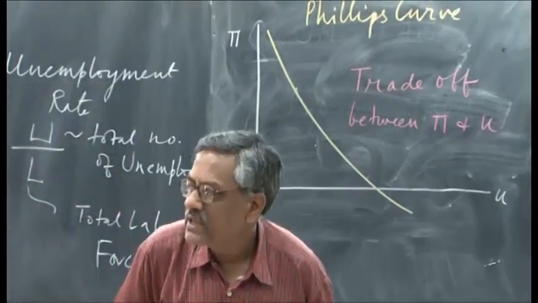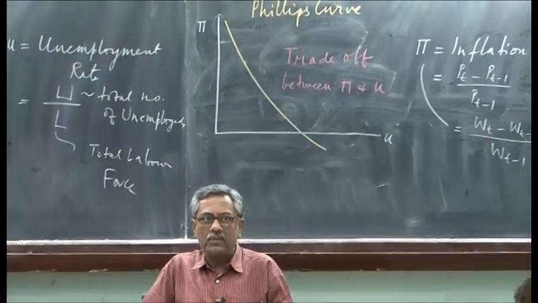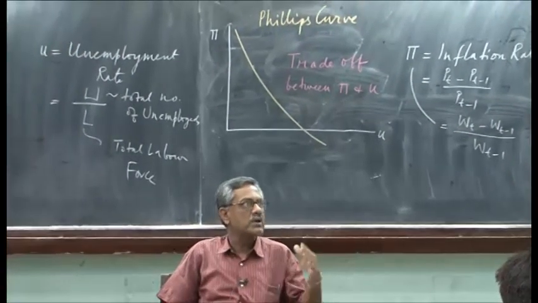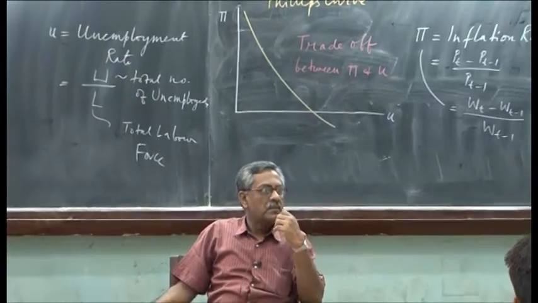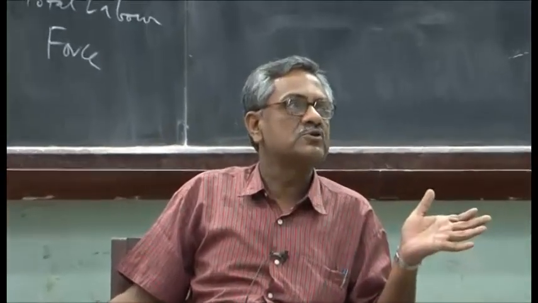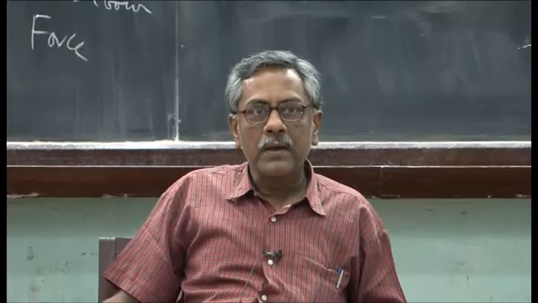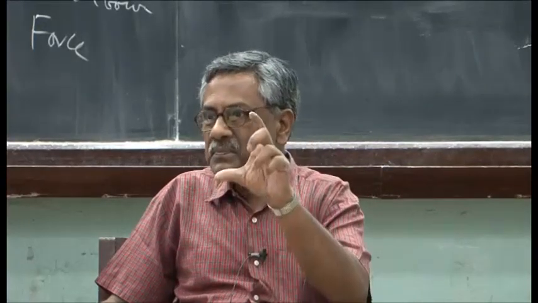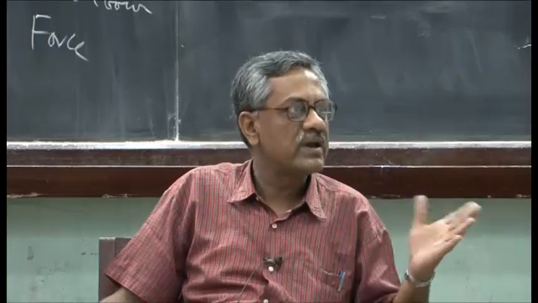So in the economy, if you have to solve the unemployment problem, the English economy has solved the unemployment problem, but while trying to solve it, it has given rise to some inflation problem. There is a trade-off. And from period to period, that trade-off may have changed. Essentially, the slope of the curve may have changed.